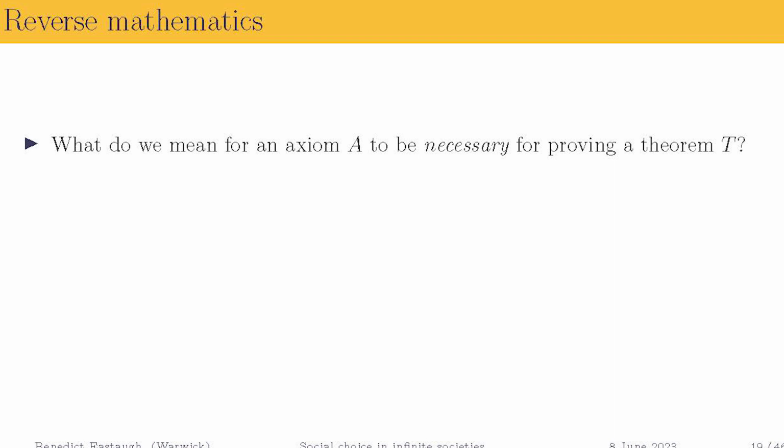And the idea of reverse mathematics is to say, well, we've got all these mathematical theorems, like, for example, Fishburn's possibility theorem or the Kirman-Sondermann theorem. What do we need to prove that? What's actually necessary? And this turns out to be intimately connected to the question of what kind of solutions there are to the problems posed by theorems.